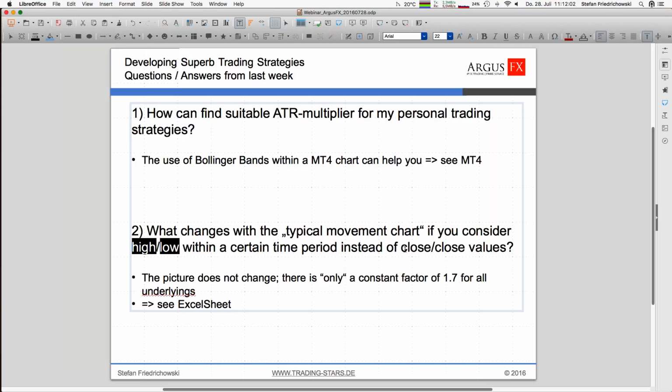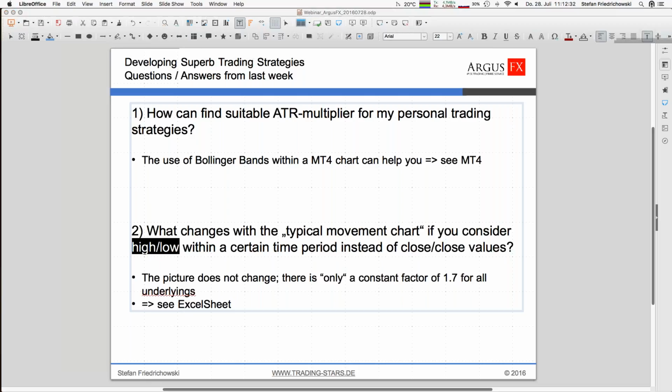But now the question is, if we consider the highest value and the lowest value within that time period, what changes do we get in that picture? And might that be a good idea to have this kind of information for stop loss setting or take profit setting as well? And I did that exercise looking at the differences between high and low.